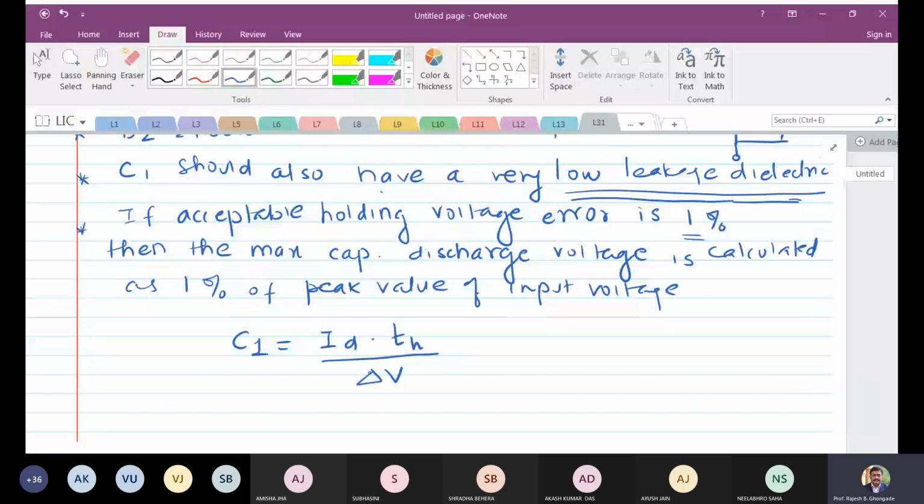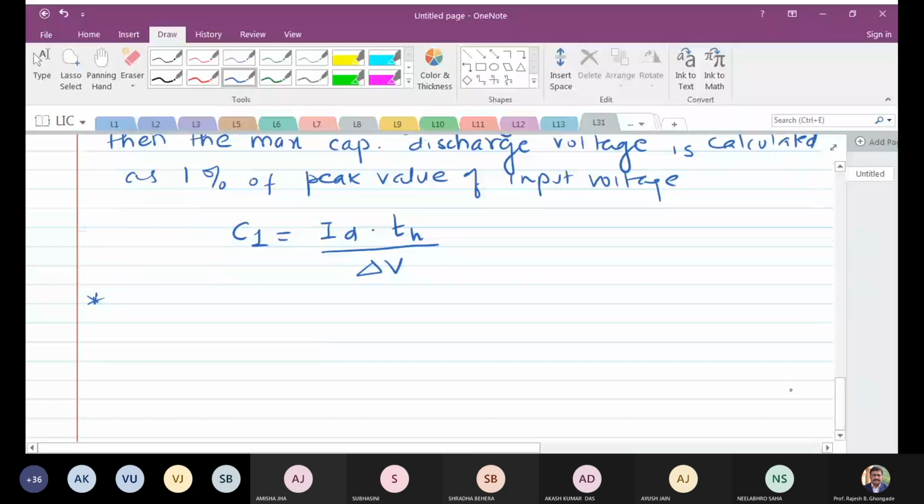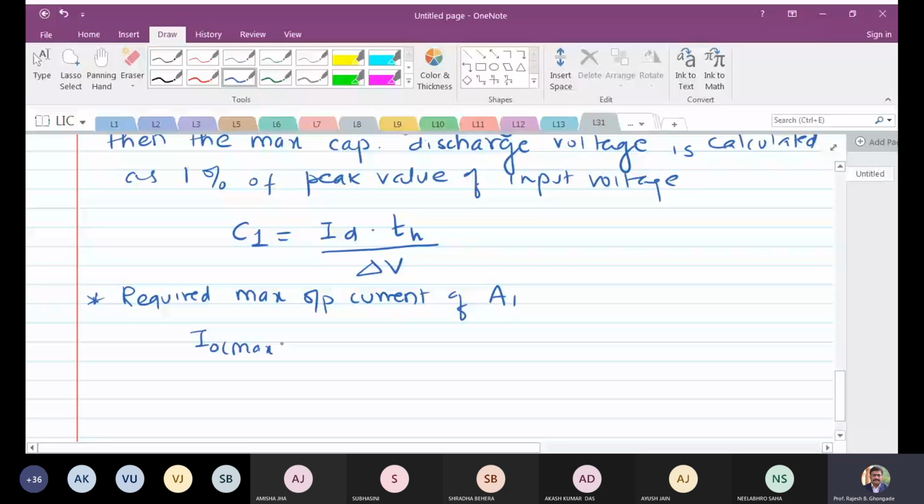And we can find the required maximum output current of A1, because A1 is going to charge this capacitor. So this IO max is C1 into Vp divided by the rise time TR.